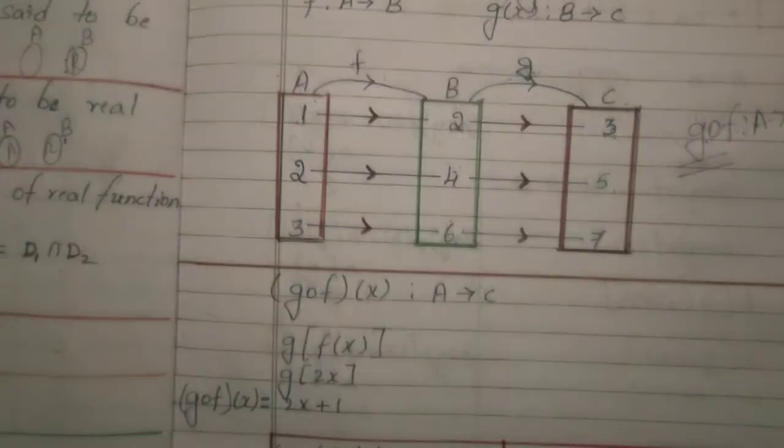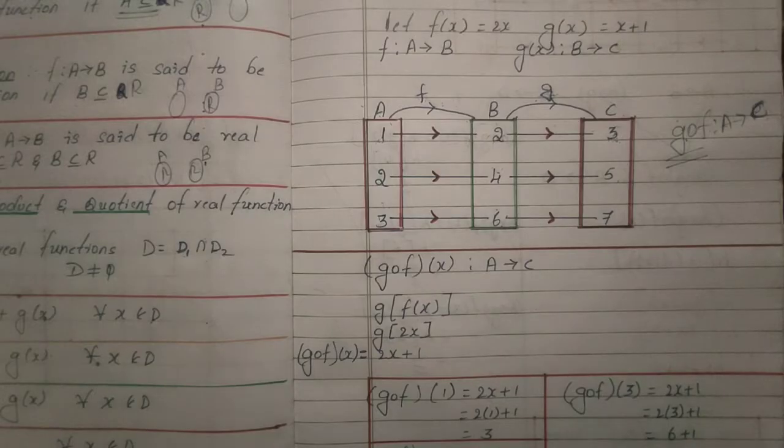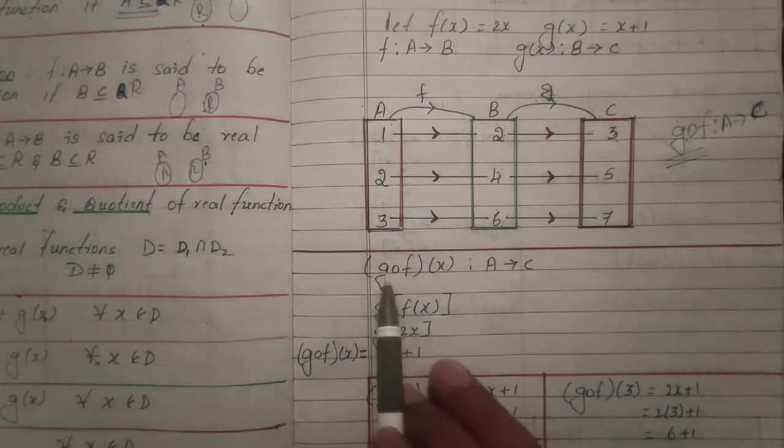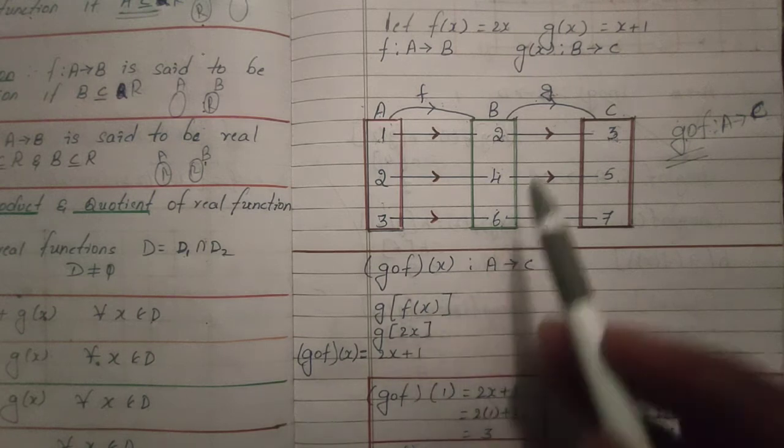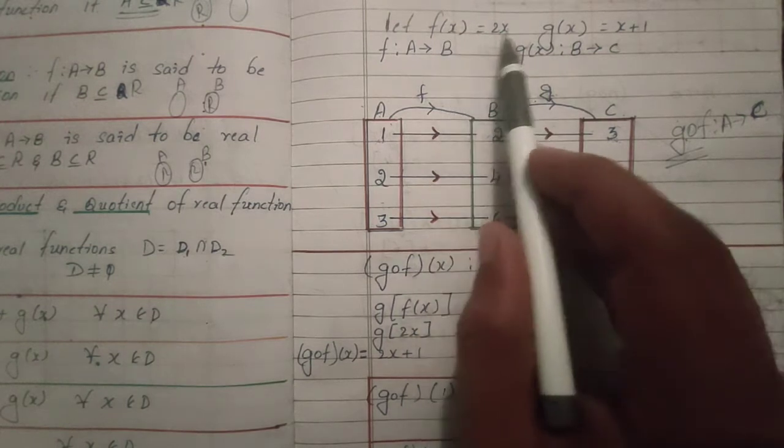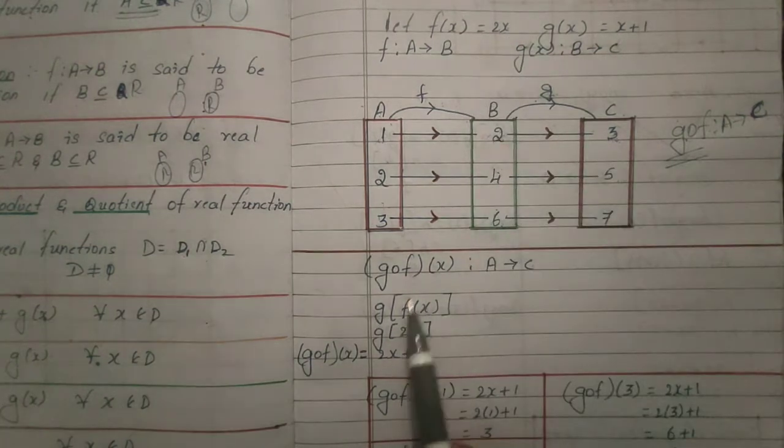See, GOF of x from A to C. How to write this? G of f of x. Okay? What is the f of x function? F of x is 2x. What is g of x?